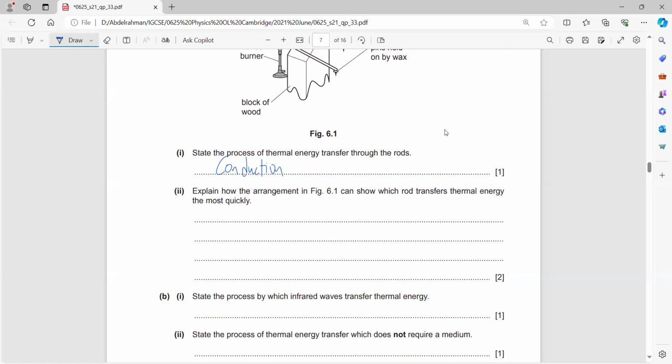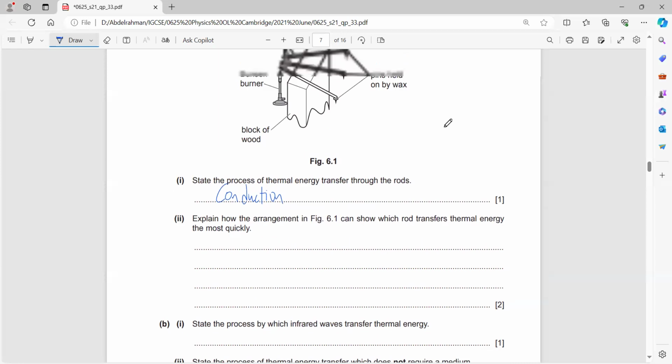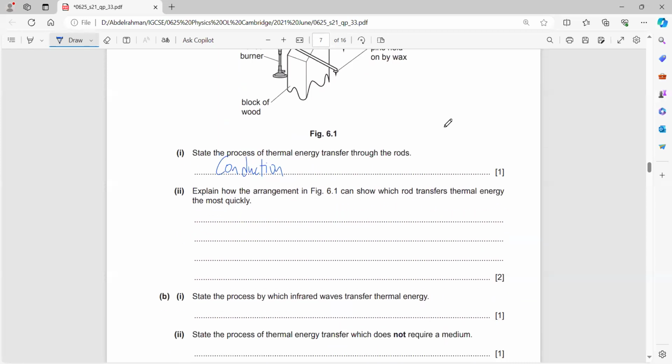Explain how the arrangement can show which rod transfers thermal energy the most quickly. How does this show which rod will transfer the most energy?